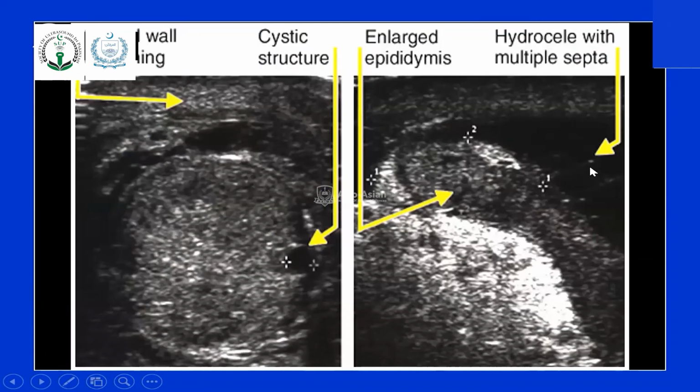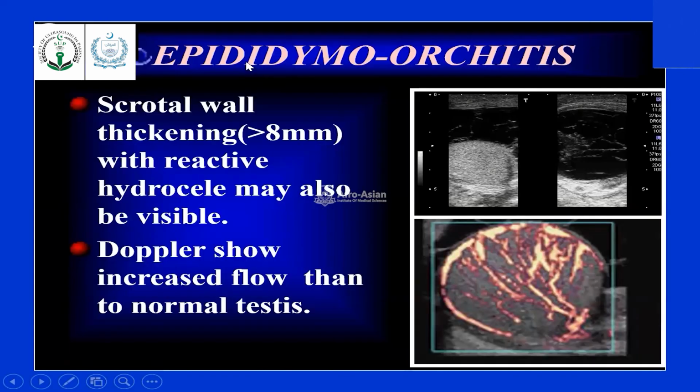This is hydrocele with septa, indicating a chronic hydrocele, an enlarged epididymis, then a cystic structure in the testicle, and scrotal wall edema. So the patient has scrotal wall edema, acute epididymitis, testicular cyst, and chronic hydrocele.